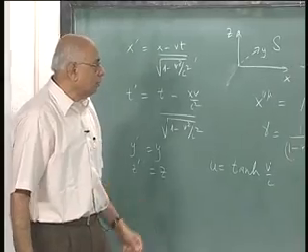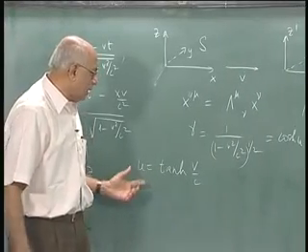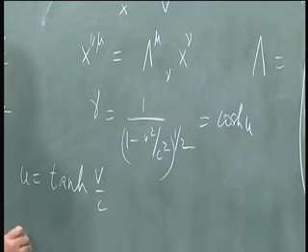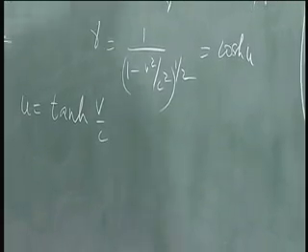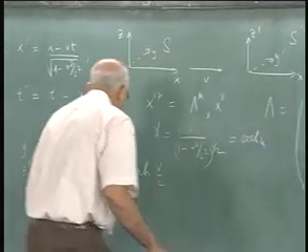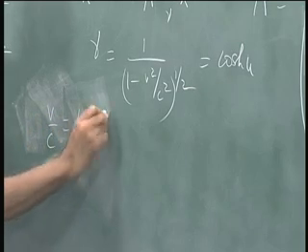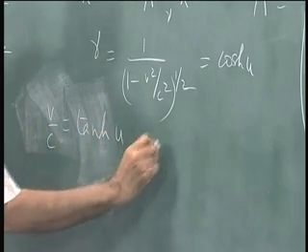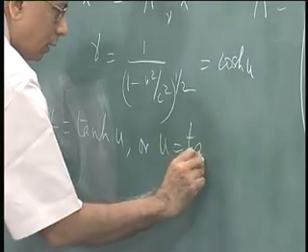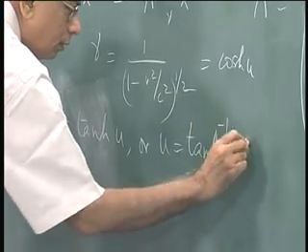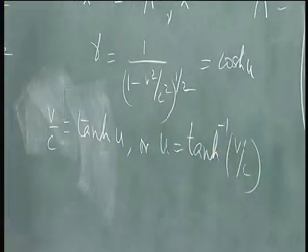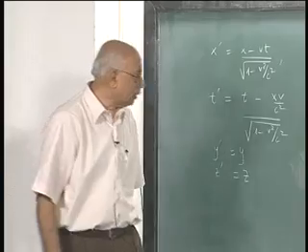And of course then v over c itself is tan hyperbolic u, or u equal to tan hyperbolic inverse v over c. That is the transformation.